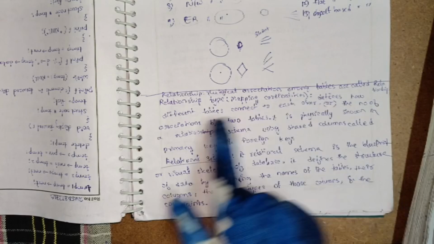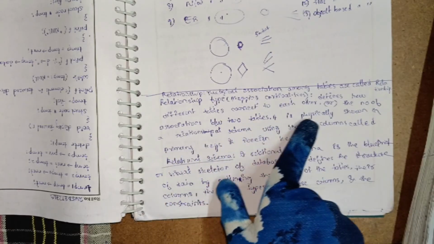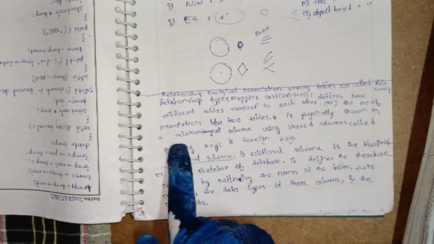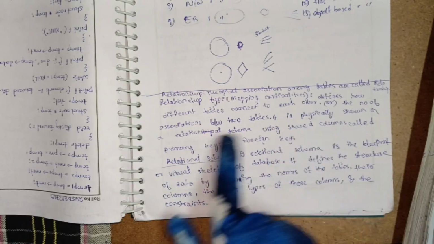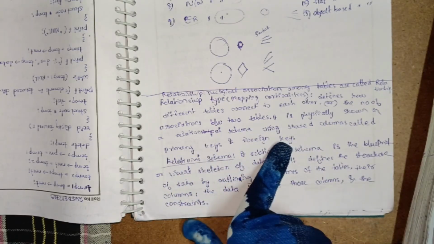The number of associations between two tables is physically shown in the relational schema using shared columns called primary keys and foreign keys.